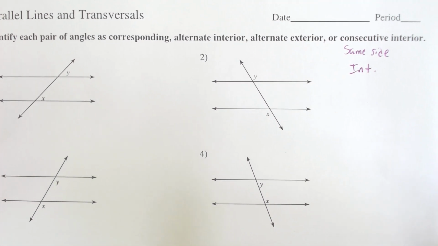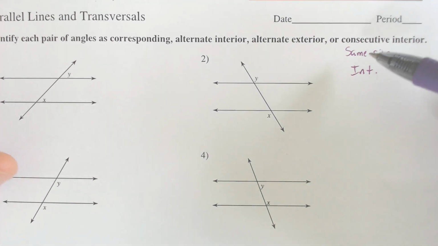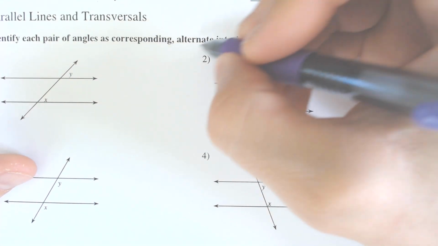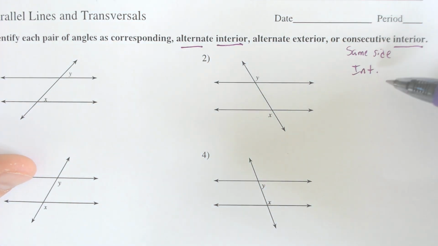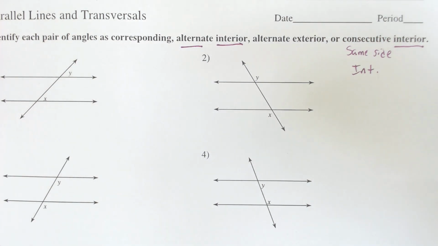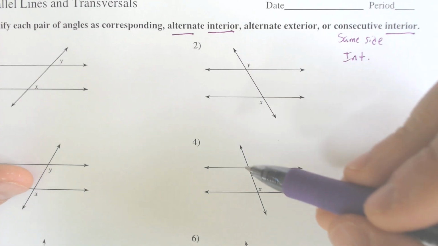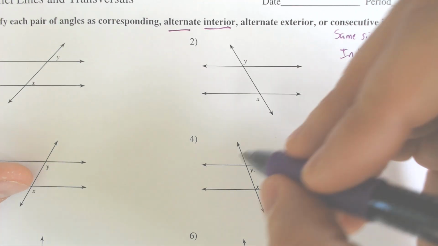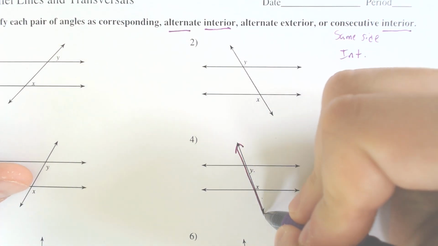Okay, so we're going to start with the interior ones. If it's an interior angle, it's either going to be alternate interior or same side, which is the same thing as consecutive interior. So these two on number 4, notice how they're on the same side of this transversal.